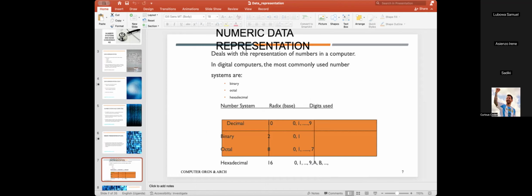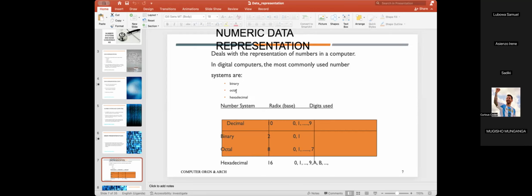Now, let us look at the first way of representing data, the numeric way. Numeric data representations deal with the presentation of numbers in computers, whereby in digital computers the most commonly used number systems are these three: binary, octal, and hexadecimal.